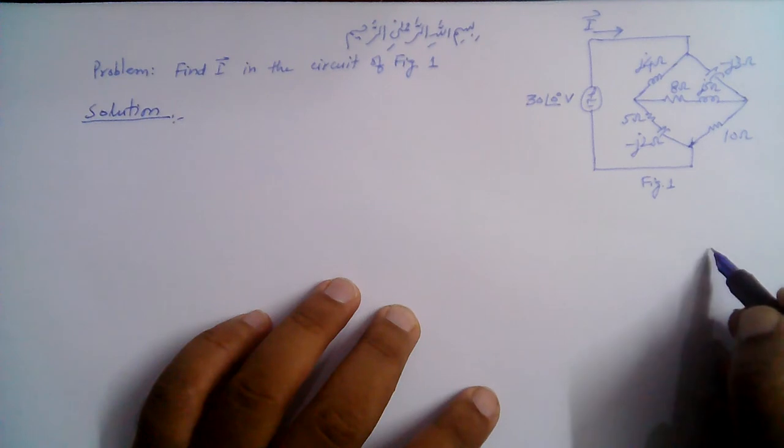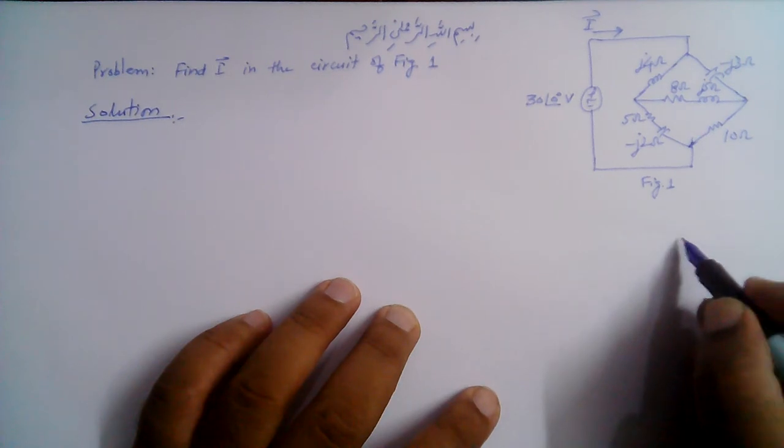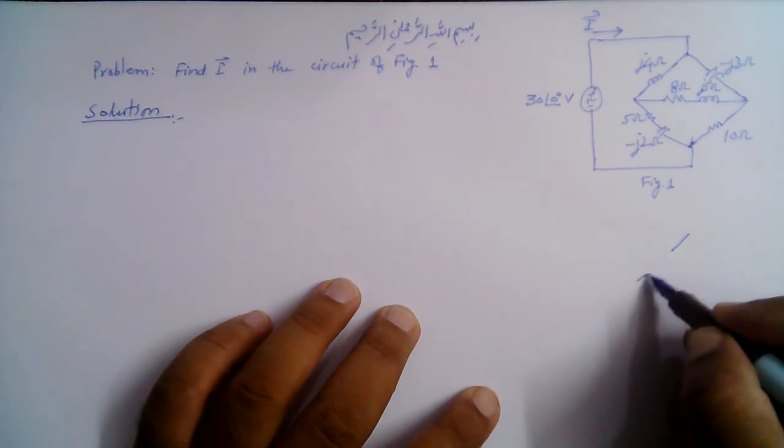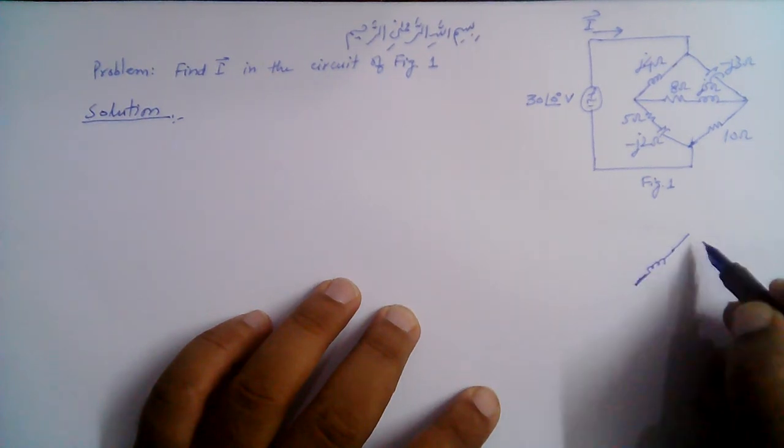So for example, this is the delta combination, one branch of the delta combination we have.